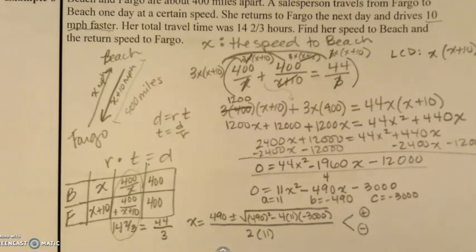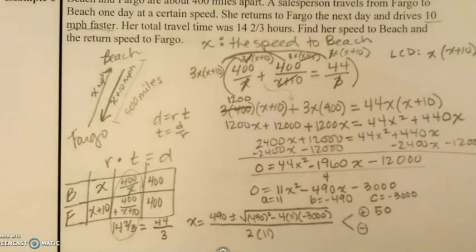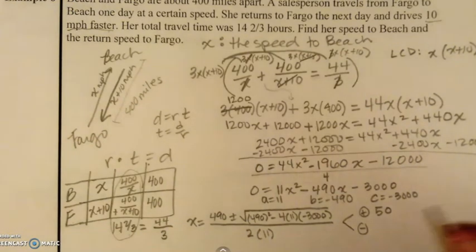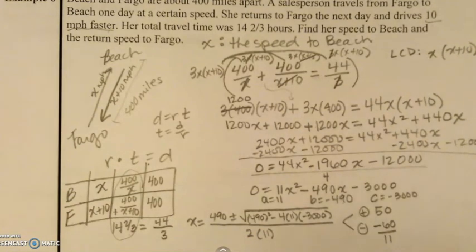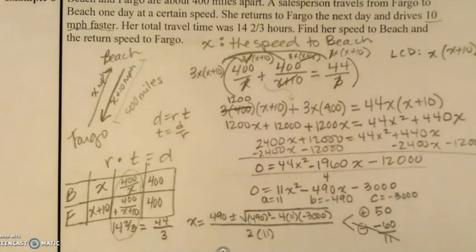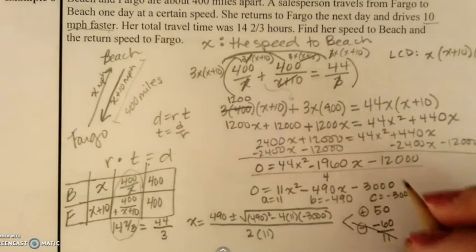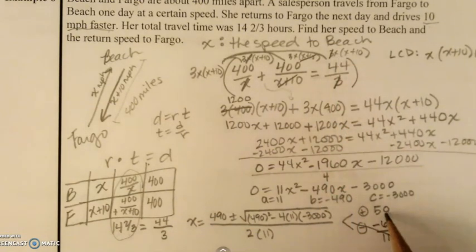And luckily, what we get here is a positive 50. That's a nice number. And for the subtraction, negative 60 over 11. Well, I know my speed can't be negative, so that's extraneous, which means x, which was the speed to beach, is 50.